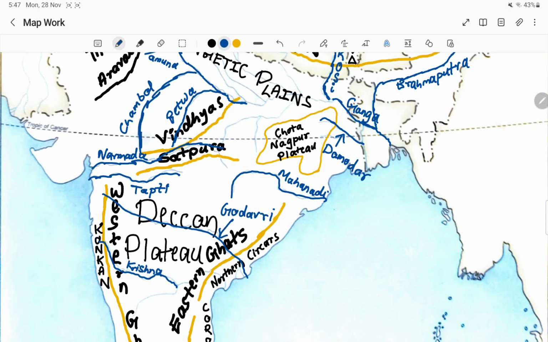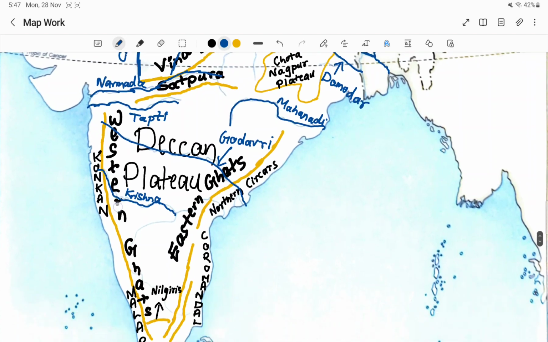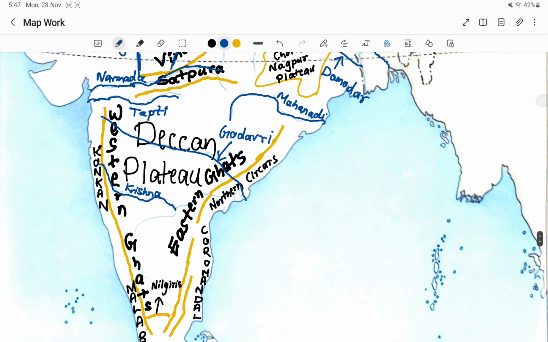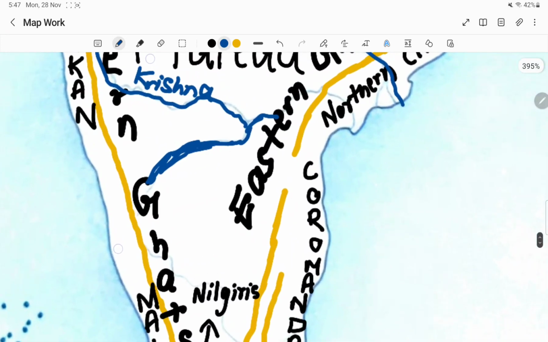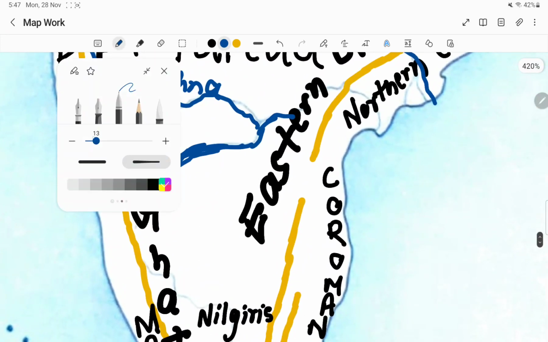Next is the Kaveri. After the Krishna comes the Kaveri river. So before it, we can just mark this one also. This is one more river which is also in our board topic, that is river Tungabhadra. So let's just write it over here.